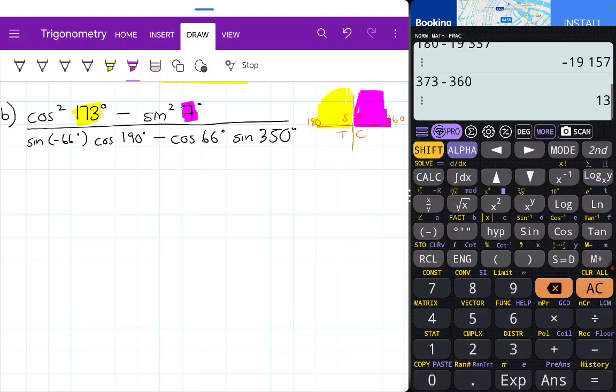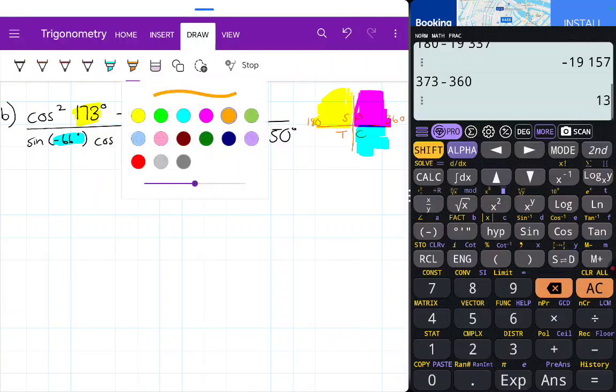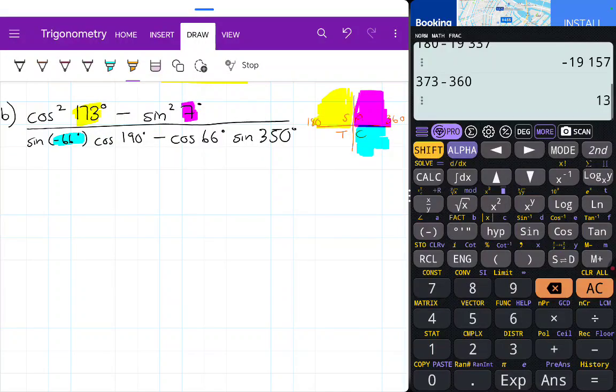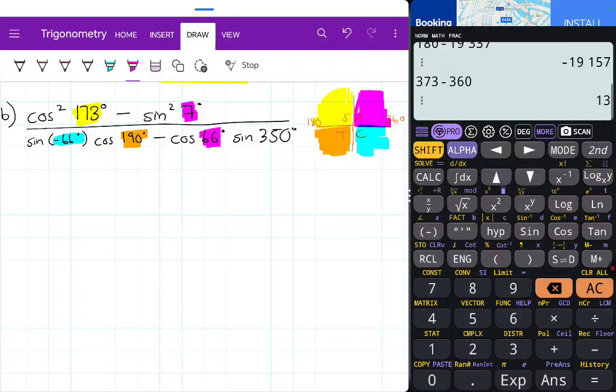Next up we have minus 66, so that's less than 90, that's going to be in quadrant number 4. 190 is more than 180, so we're dealing with all 4 quadrants here. 66 degrees is in quadrant number 1. And then 350 is less than 360, that is quadrant number 4.